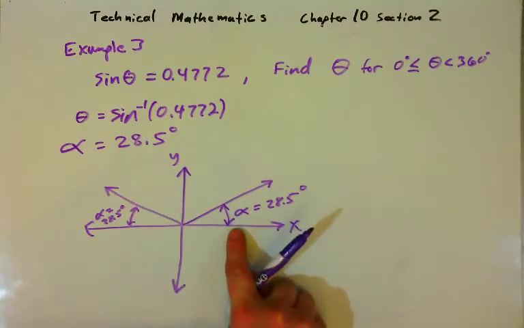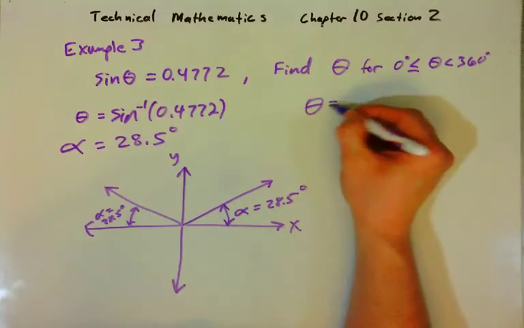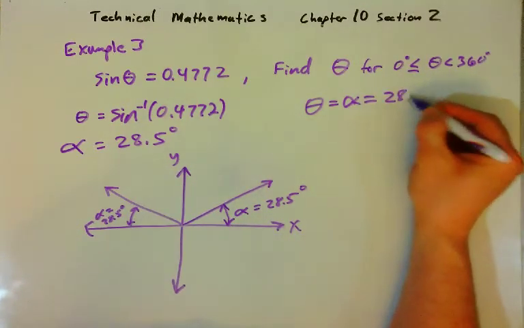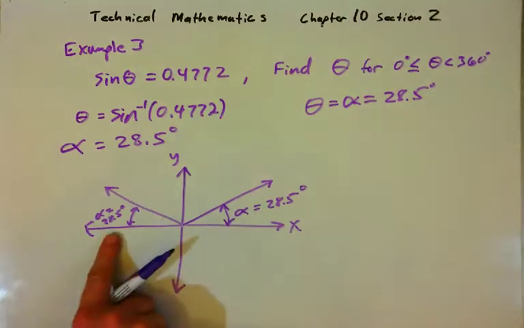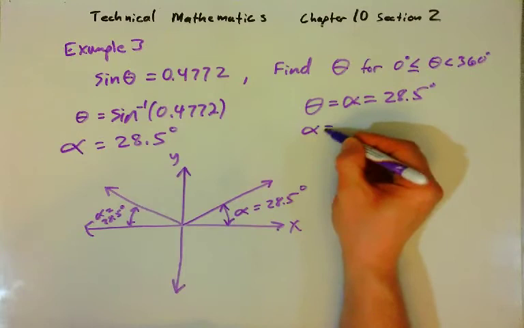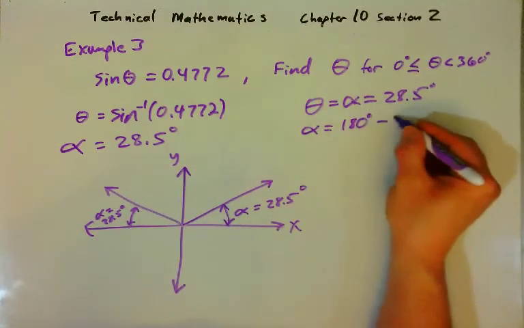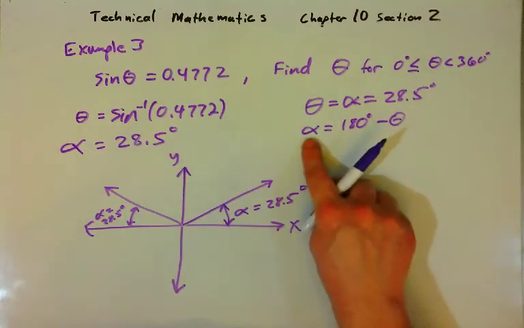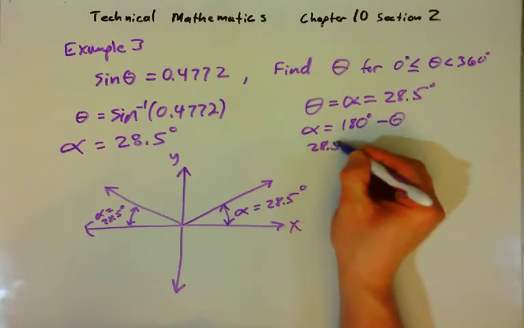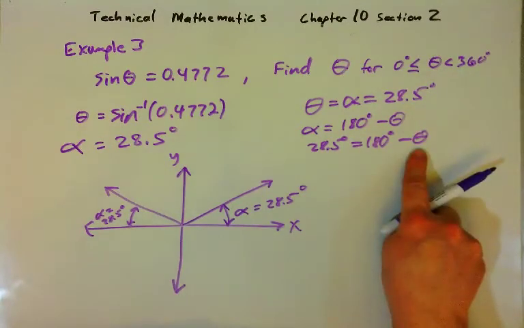And so in the first quadrant, alpha is equal to theta. And so there's two answers. One of them is that theta is equal to alpha in the first quadrant. So theta could be 28.5 degrees. But also over here in the second quadrant, remember that alpha is equal to 180 minus theta. And so we've been given the answer for alpha, 28.5 degrees, and we want to find theta.